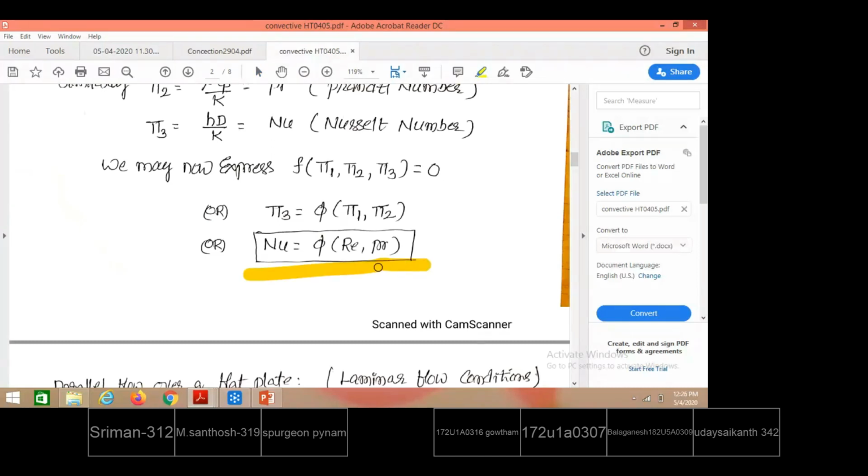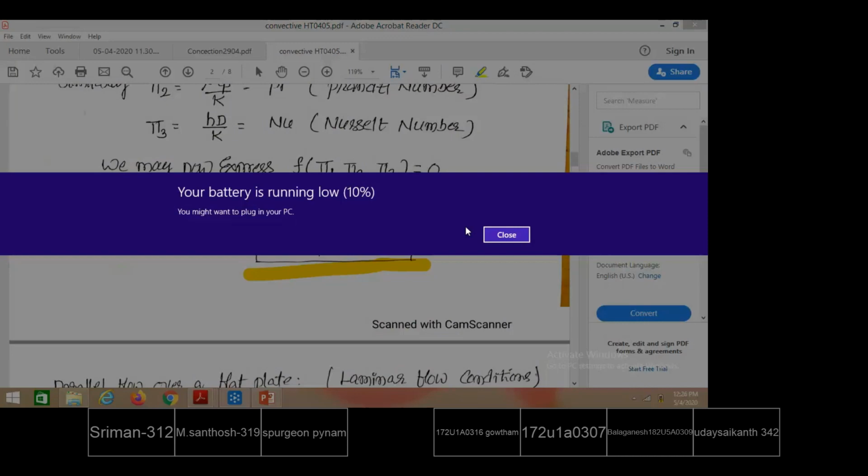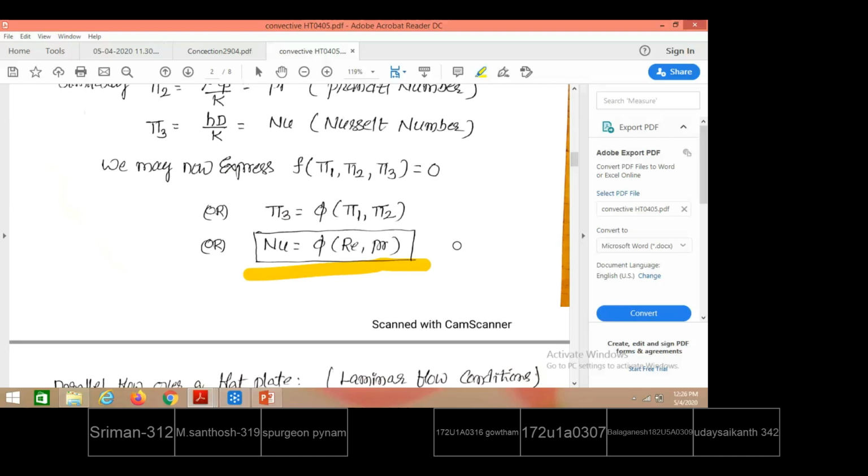Any kind of forced convection problem, whether it is happening on a flat surface, on a cylindrical surface, on a spherical surface, or on a bundle of tubes, everywhere the Nusselt number will have a relation in terms of Reynolds number and Prandtl number. Depending upon the actual physical situation, the relationship between Nusselt number, Reynolds number and Prandtl number changes.